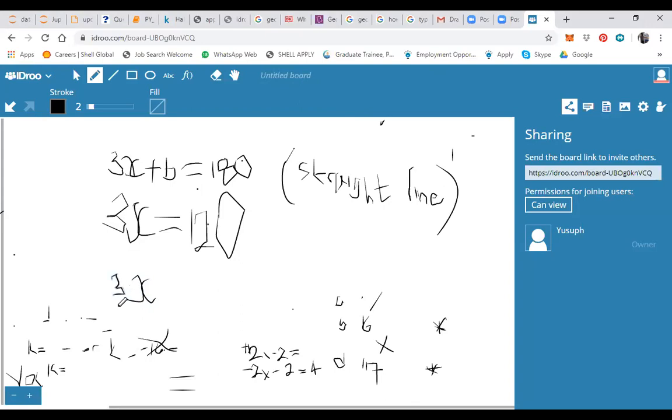We have 3x divided by 3 is equal to 120 divided by 3. So we cancel this. And 3 goes in 12, that's 4 times. And 3 goes in 0, that's 0. So that means x is equal to what? 40. Is that okay?